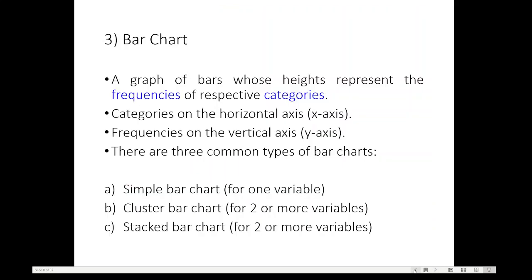Okay, so bar chart. We have a simple bar chart, a cluster bar chart, and a stack bar chart. Normally the simple bar chart is presented through the transformation of a frequency distribution for one variable. The frequency distribution is only for one variable.